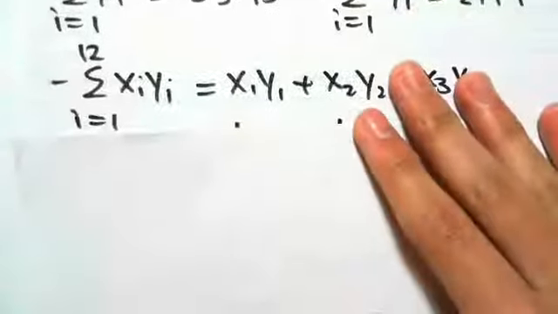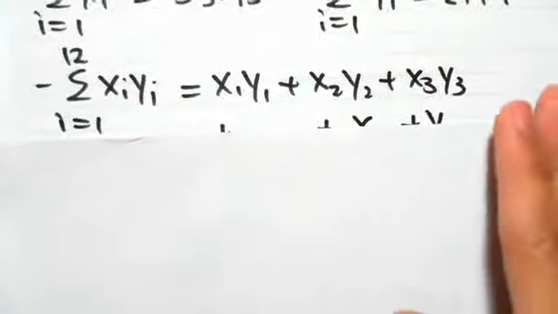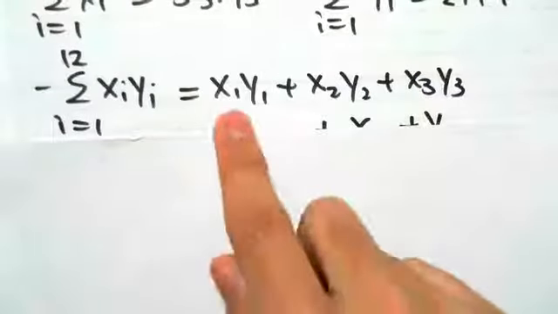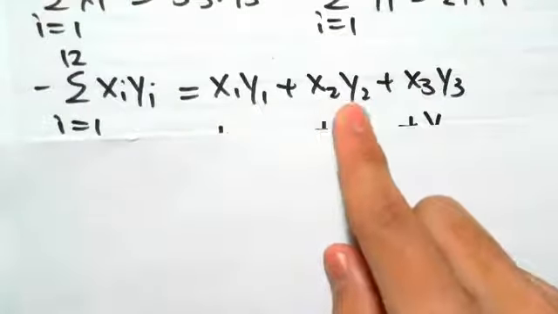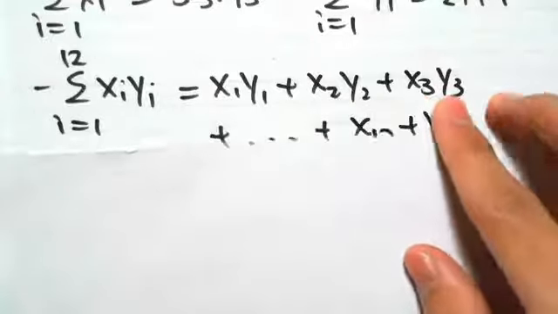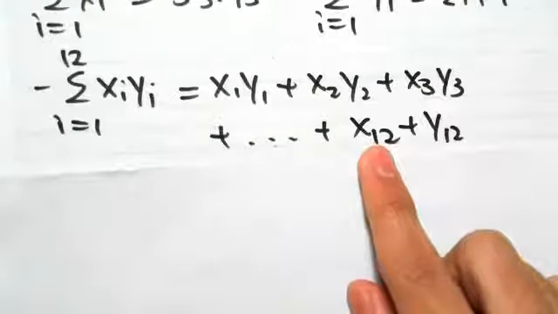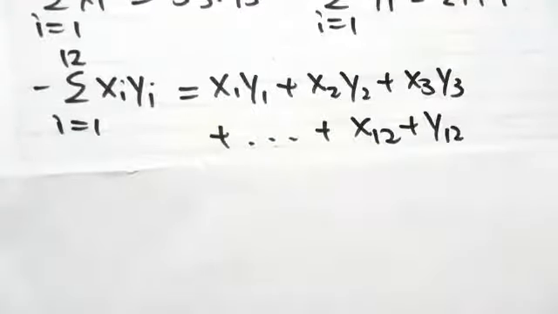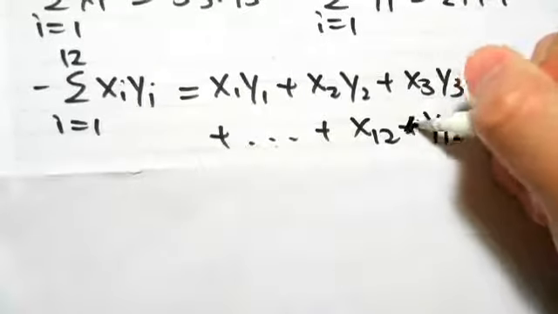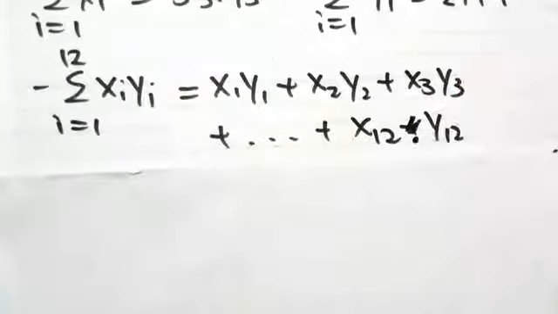So now let's find the summation of xi times yi. What I mean by that is basically x1 y1 plus x2 y2 plus x3 y3, all the way to the last number, x12 times y12.